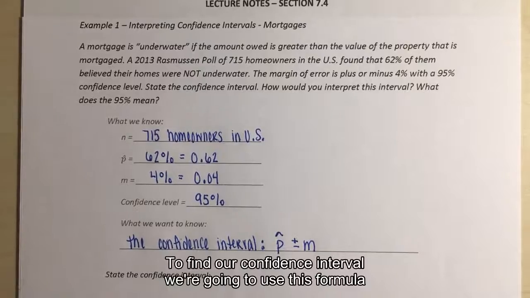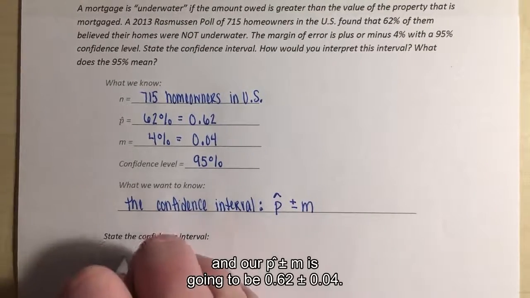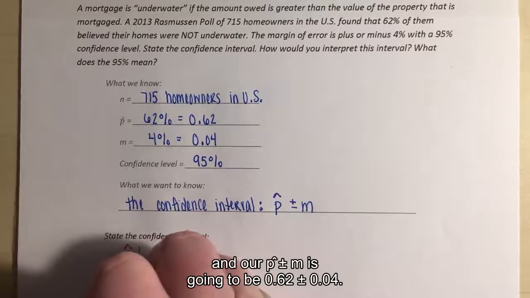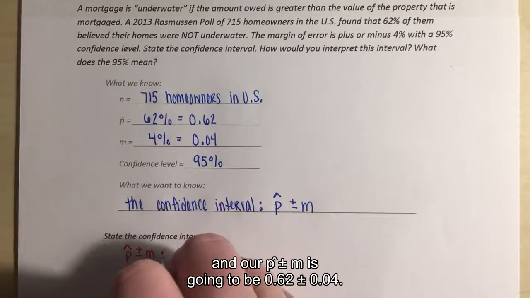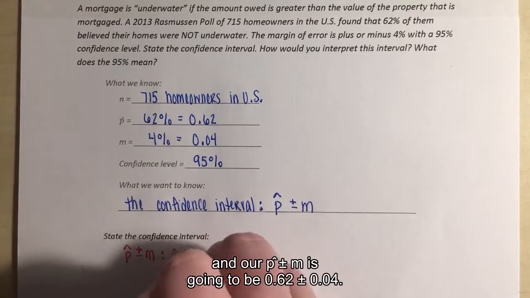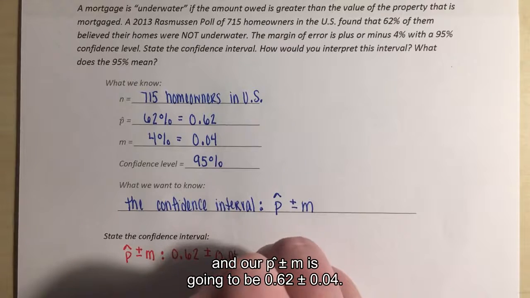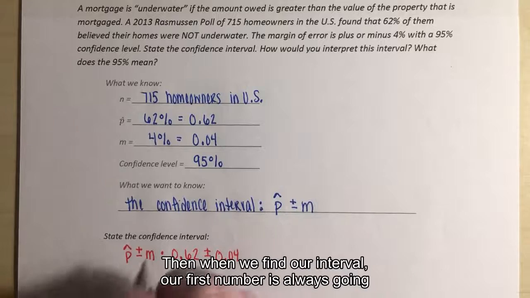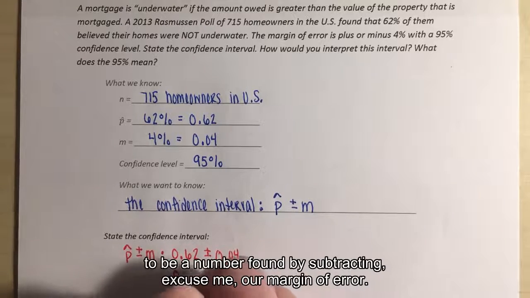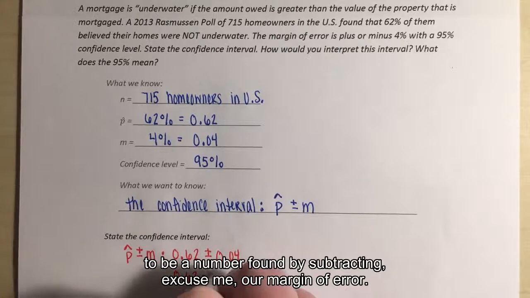To find our confidence interval, we're going to use this formula, P hat plus or minus M, which is going to be 0.62 plus or minus our 0.04. When we find our interval, our first number is always going to be the number found by subtracting our margin of error.